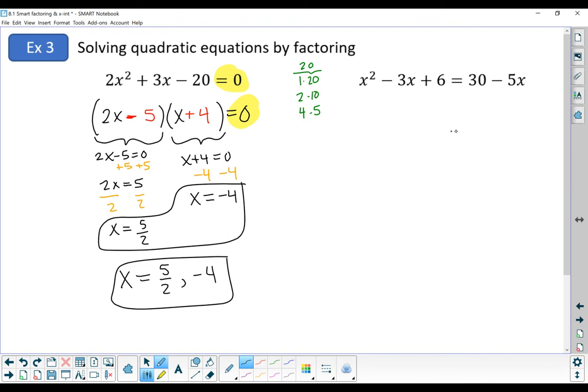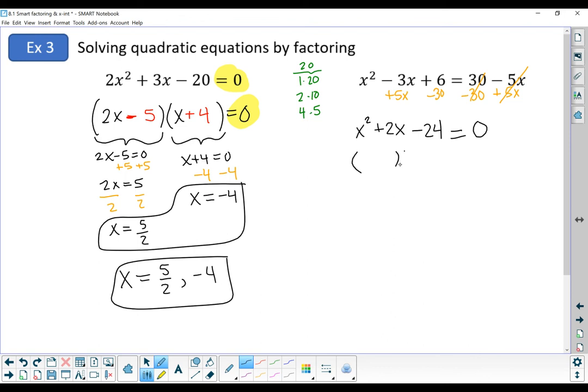Before we factor, we want to see that 0 that it's equal to. So we may have to move some terms around, subtracting 30 here to get a 0 there, and then adding 5x to both sides so that that adds up to 0. So the polynomial that I want to try to factor is x squared plus 2x minus 24.